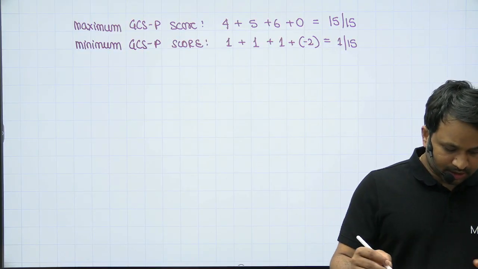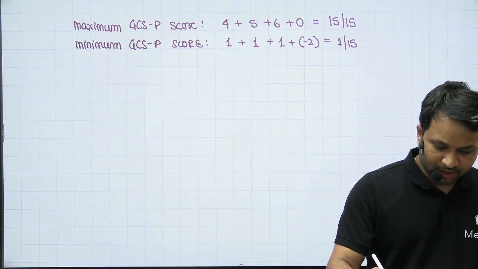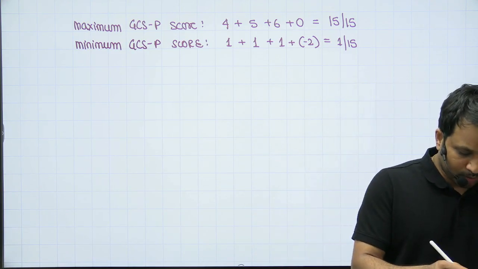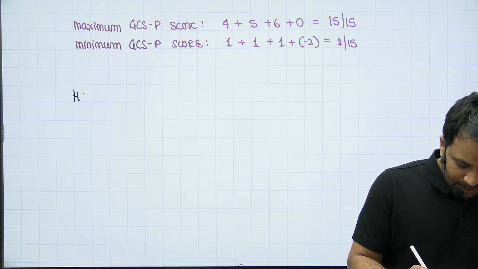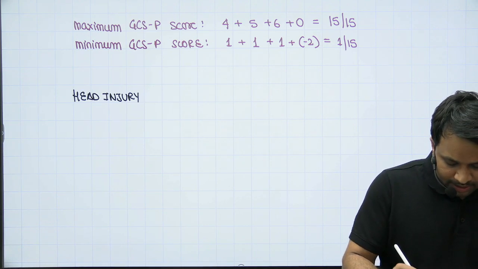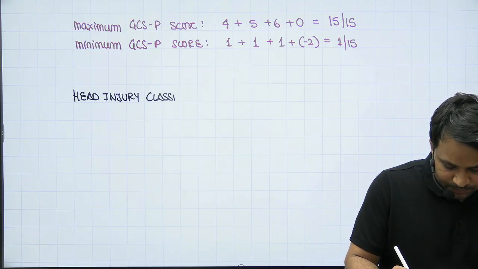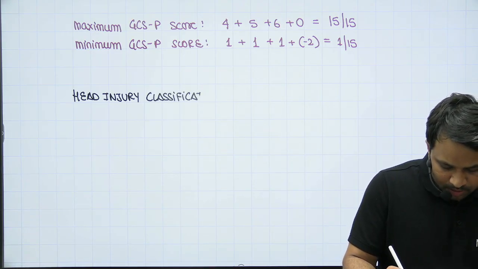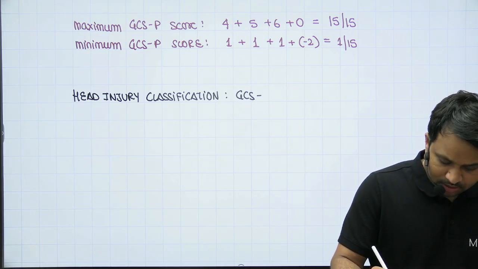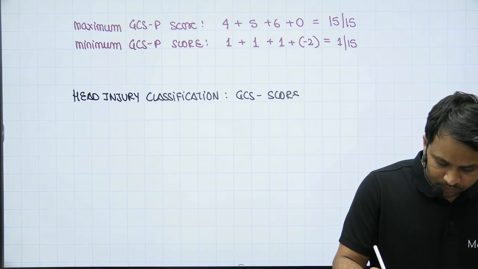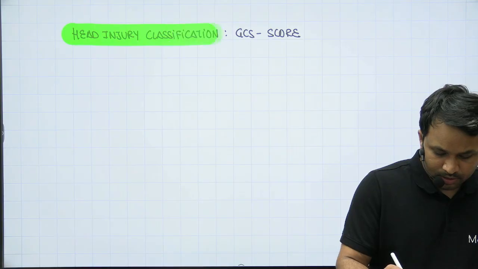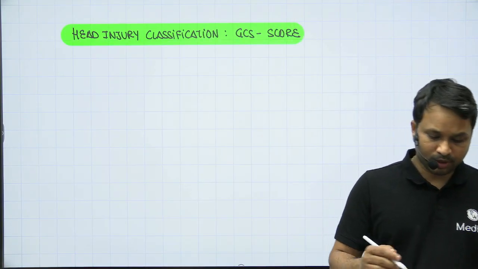Now based on this, whenever a patient has a head injury, we have a categorization of head injury based upon the Glasgow Coma Scale. So how do you categorize a patient of head injury? We talk about the head injury classification on the basis of the GCS score.